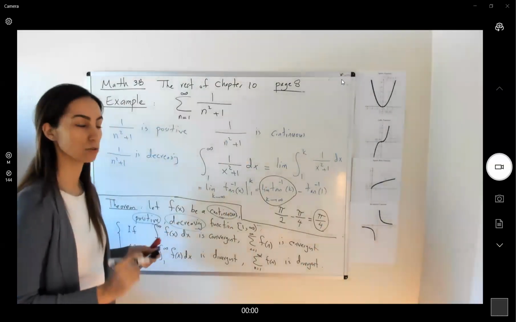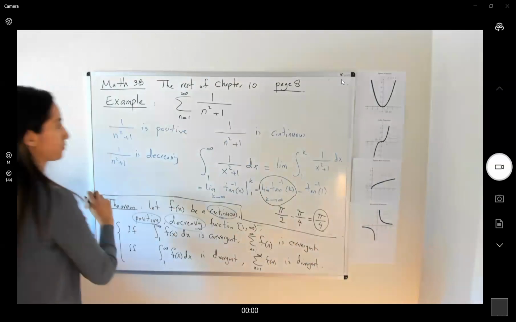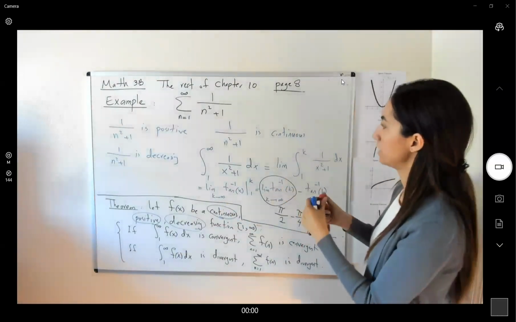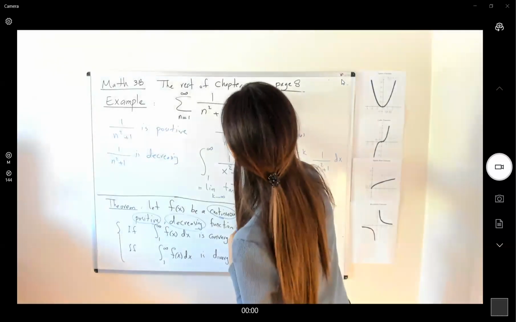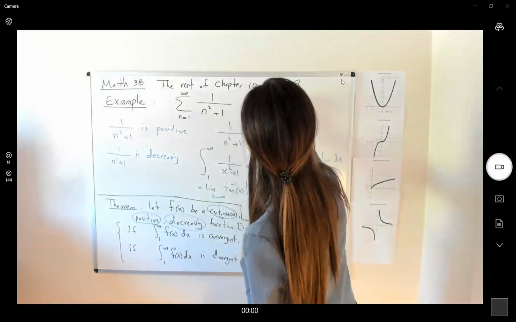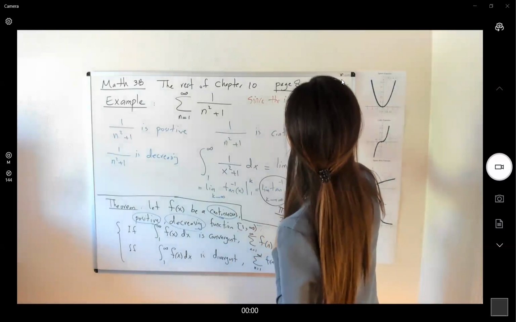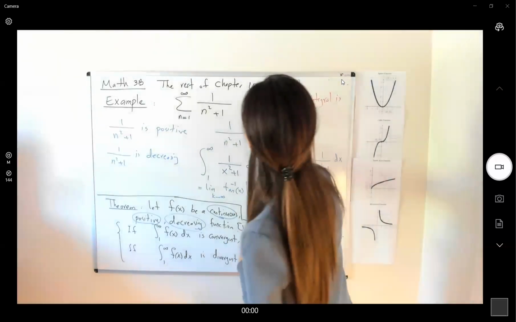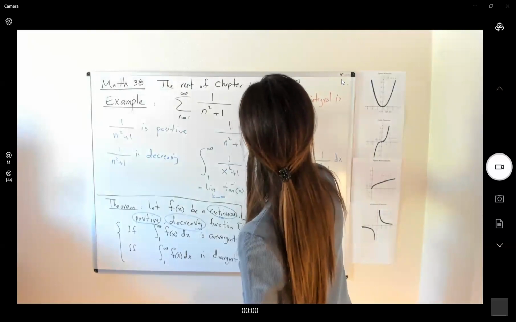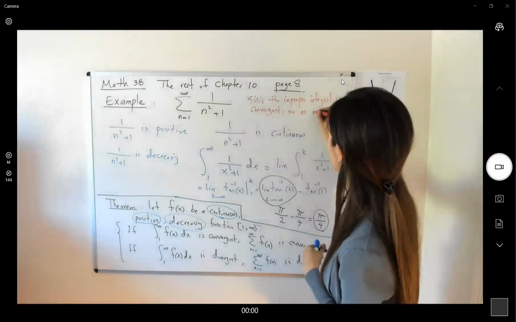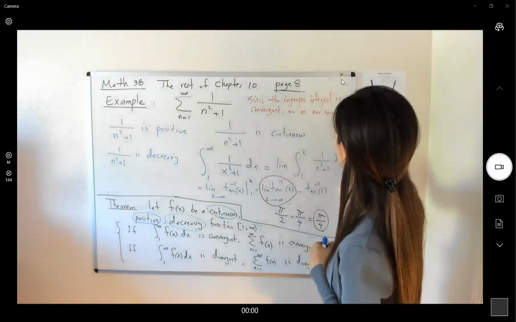So what's the conclusion? Since the improper integral is convergent, so is our series.